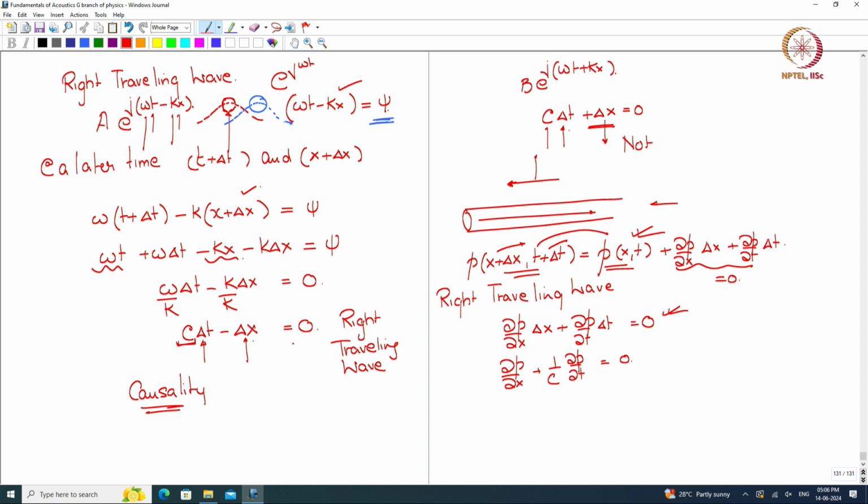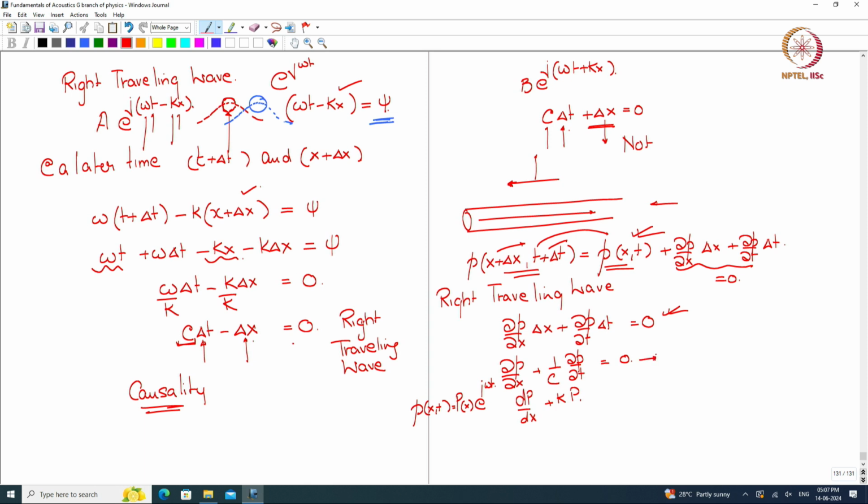So if I say that my p of x, t is some other p of x and e to the power j omega t, then this becomes dp by dx plus k times p. So what does this do here?